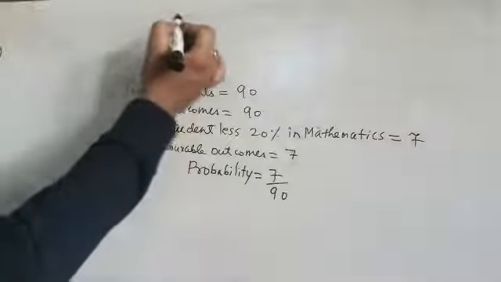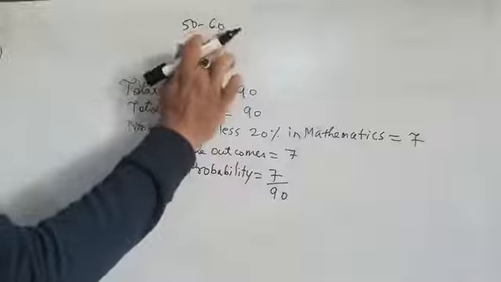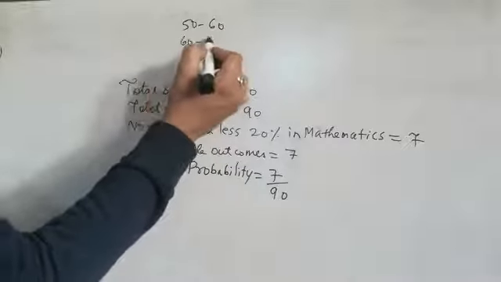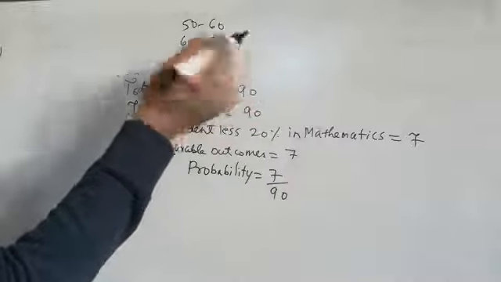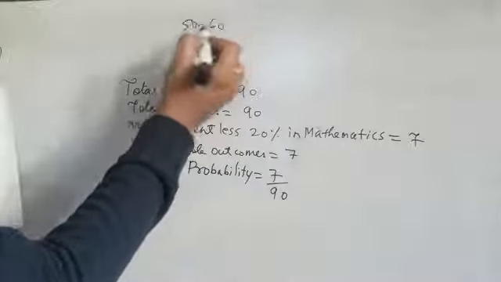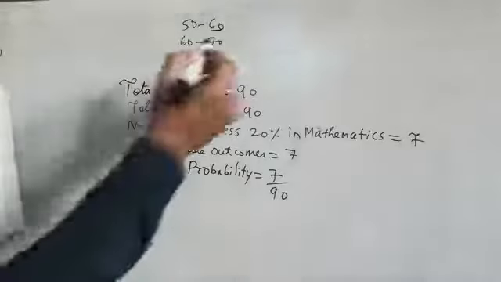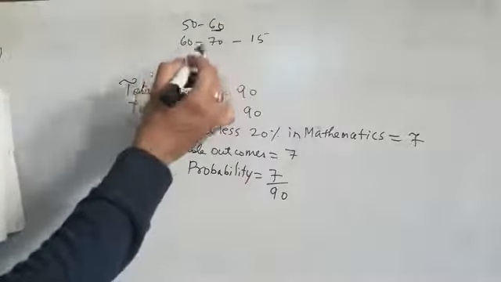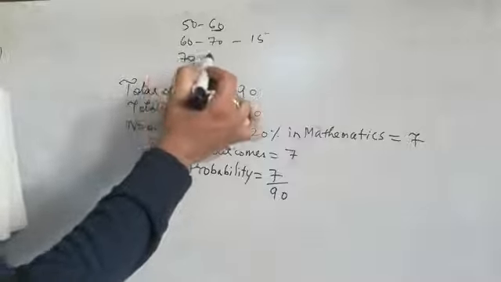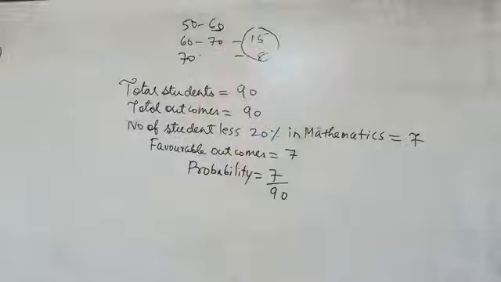And remember always, suppose it is 50 to 60, we will not include 60 marks here. 60 marks will be included in the next class, because this is the lower limit and this is the upper limit. So we add 15 and 8, which will be 23.